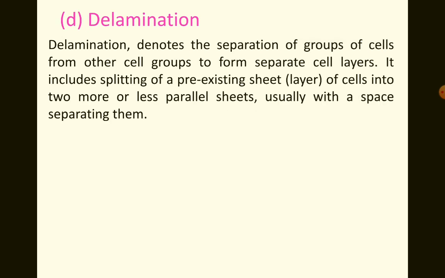Moving on, there's one more method of inward movement, which is called delamination. Here, as the name suggests, one group of cells gets separated from the already existing one to form a separate cell layer. This includes splitting of a pre-existing sheet of cells into two or more sheets, usually with a space separating them.